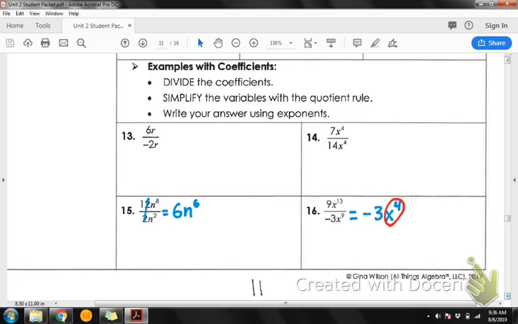So since I don't have an exponent going to the negative 3, I do not have to put parentheses around it. You only use parentheses around the number if the number is being raised to an exponent. If you did put parentheses, it would not be counted incorrect. I would still give you credit for that, but you don't need to do it.